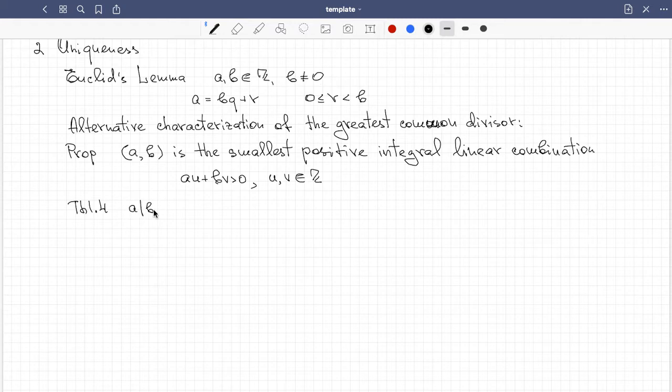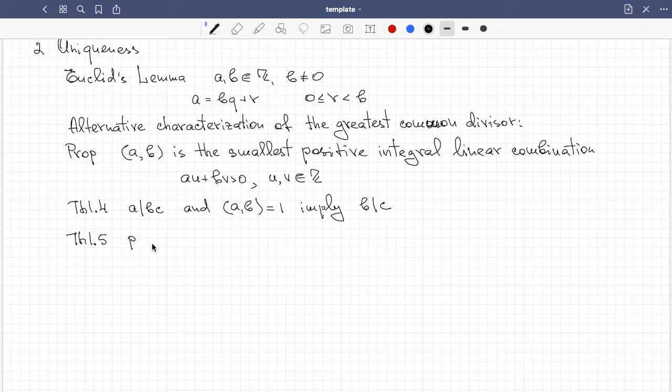If a divides bc and the greatest common divisor of a and b is 1, then a divides c. After that, we specialized that when the divisor is prime, and that was theorem 1.5.